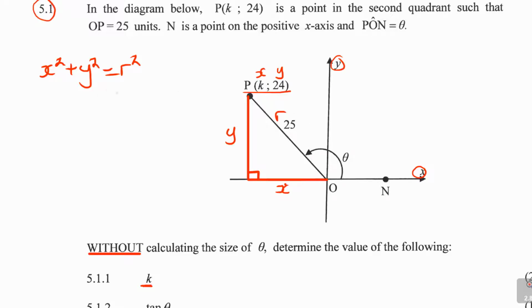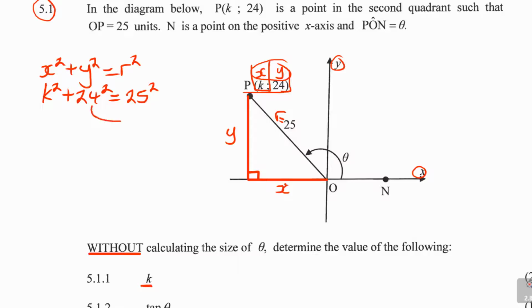Are you seeing that? So if I can then take these to represent what I'm having here, you can see that in here x is k, so I'll have here k squared plus y squared, which is 24 squared, is equal to r squared, which is what? You can see that r there is 25 squared. See?